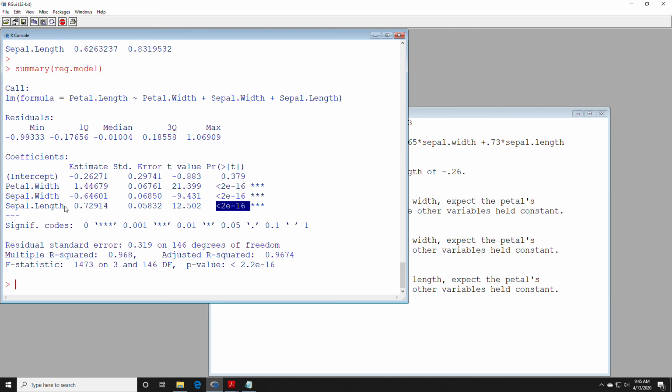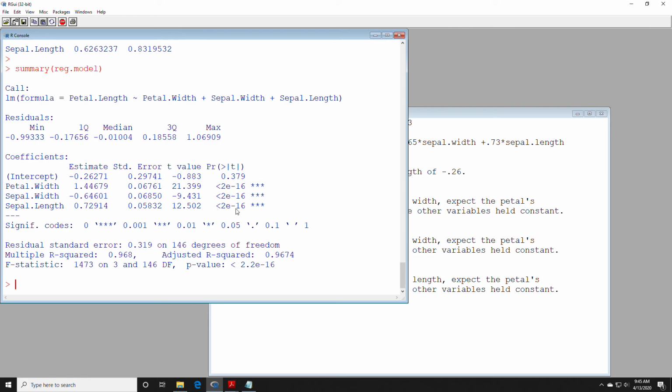So it might be equal to 0. In other words, it doesn't appear that sepal length is useful, and thus we can kick it from the model to make the model a little bit simpler. Simple models are better than larger models if they have the same or relatively the same performance.